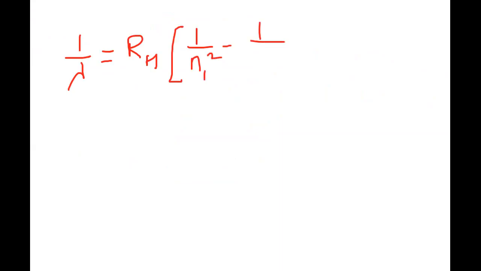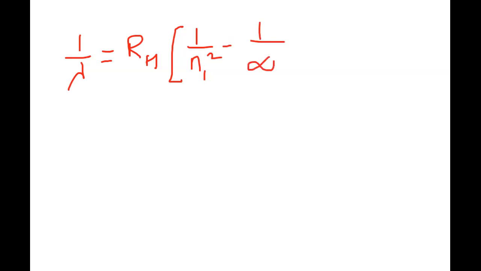Remember that the shortest wavelength in the Lyman series is given as 1 by lambda equals RH, when the transition is from infinity, with 1 by 1 square minus 1 by infinity square.